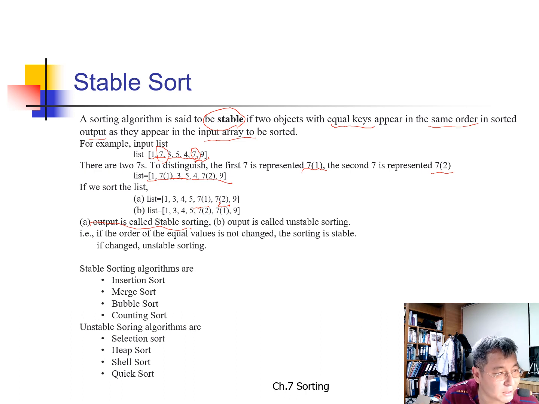Otherwise, if 7 2 comes first, then 7 1, it's a different order from the input data, and then this sorting method is called an unstable sort. The stable sorting algorithms are insertion sort, merge sort, bubble sort, and counting sort. The unstable ones are selection sort, heap sort, shell sort, and quick sort.